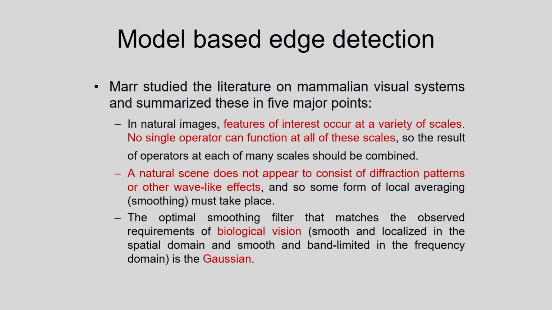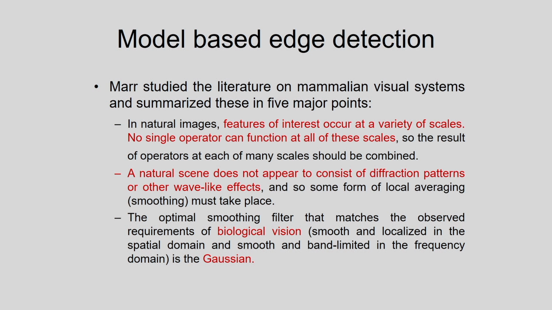His first observation is that in natural images, features of interest occur at a variety of scales. That is why no single operator can function at all of these scales.